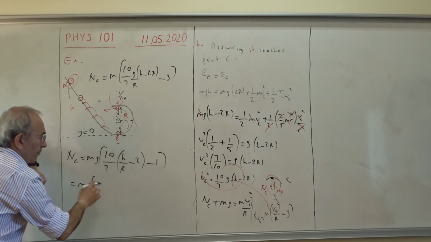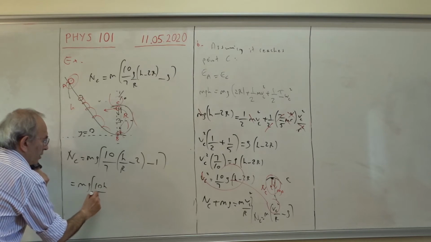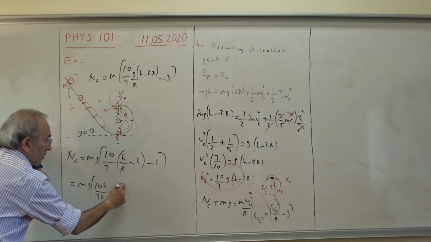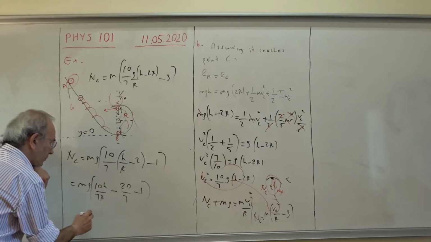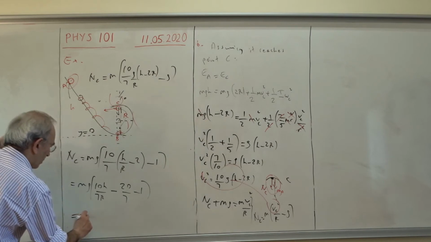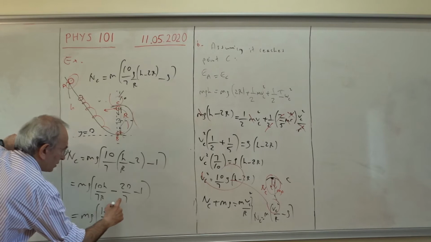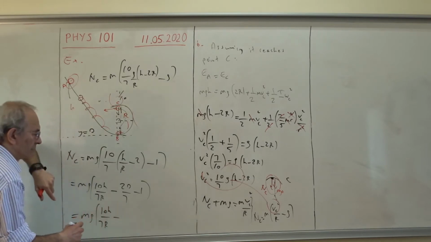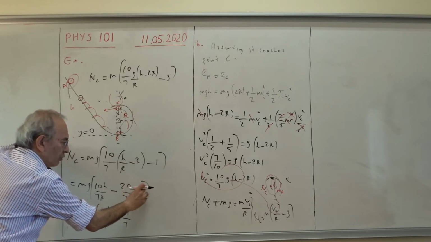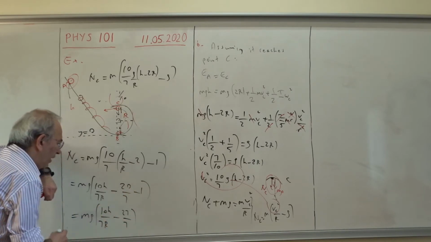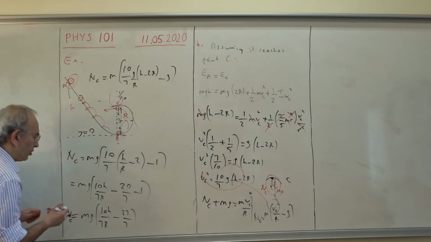If you multiply that, you get 10h over 7r minus 20 over 7 minus 1. mg times 10h over 7r minus 27 over 7. Okay? 20 over 7, 7 over 7, minus 27 over 7. And this is the result for the normal force at point C.